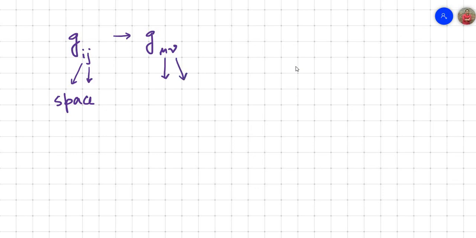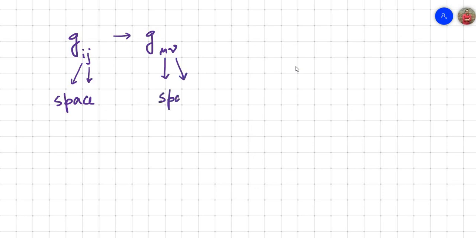Now at this stage, I should clarify a couple of subtleties. You have noticed that I've changed the indices from ij to mu nu. Whenever we denote the space components, or the metric of space, we'll use these ij. In general, we use mu nu when along with space there is also time.